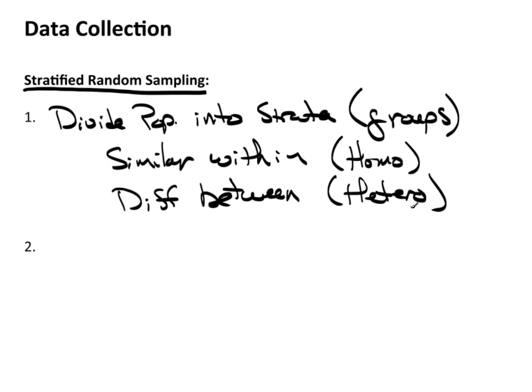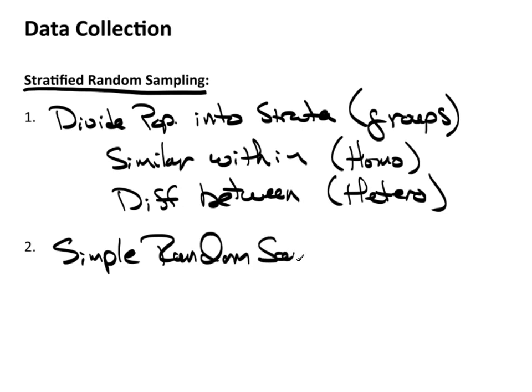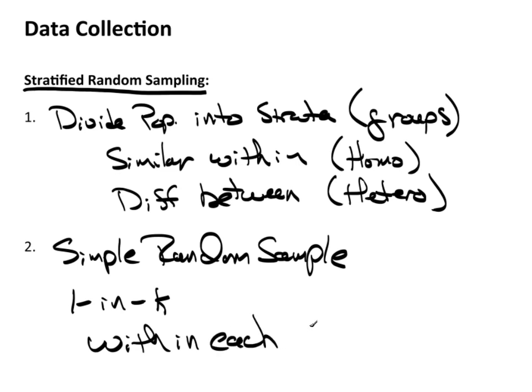Let's make it simple for right now. Then I would go ahead and take a simple random sample, or possibly a systematic 1 in K, within each strata.